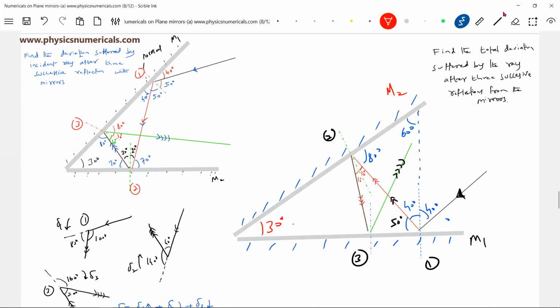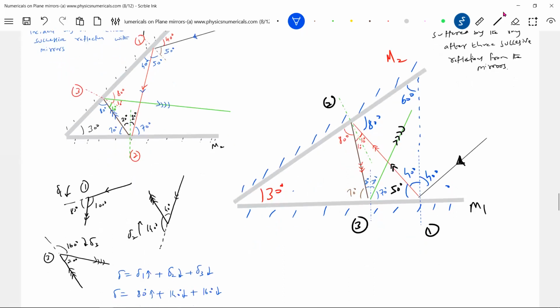If this angle is 10 degrees, this should be 80 degrees. This should be 70. If this angle is 70, then this should be how much? 20. Okay, fine. Everything we are able to make out.